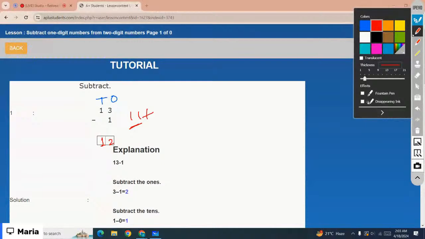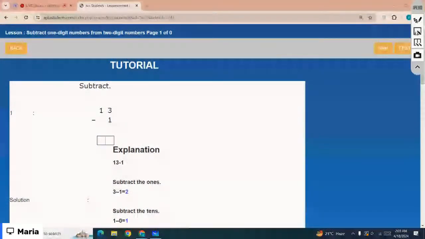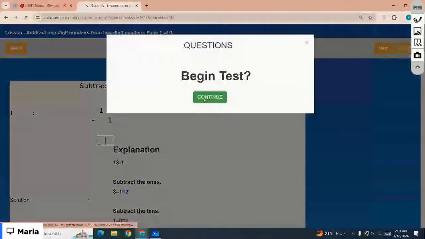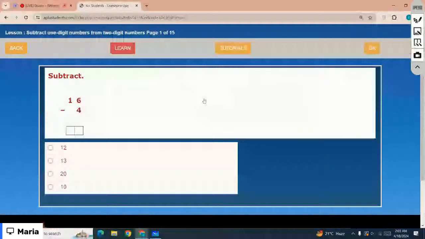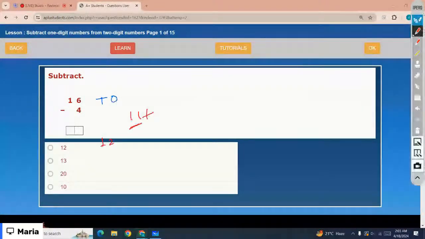Let's just start with the practice questions. The tutorial ones are already solved. You can have a look at them later today, right? Okay, let's just start with the first one, that is 16 take away 4. So start with the rightmost digit. Here is the rightmost, and that is the digit that is at the ones position, and here is the one that is at the tens position.